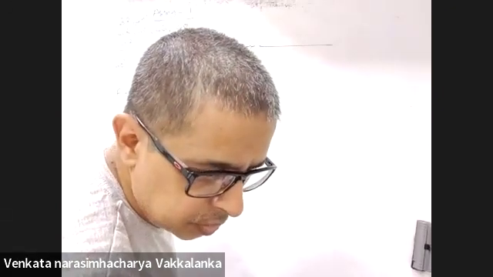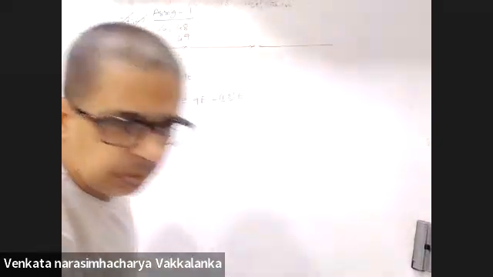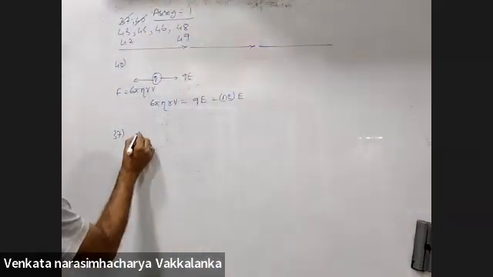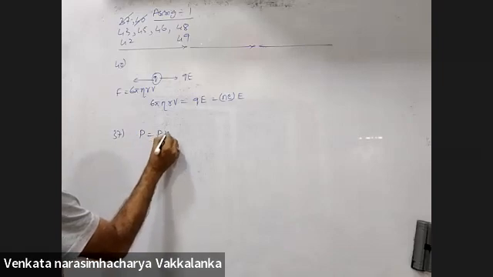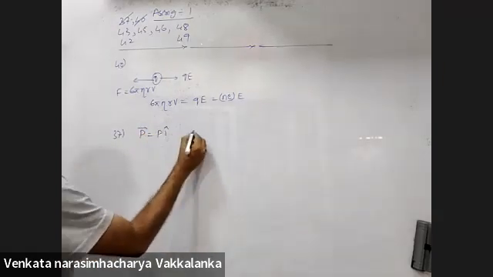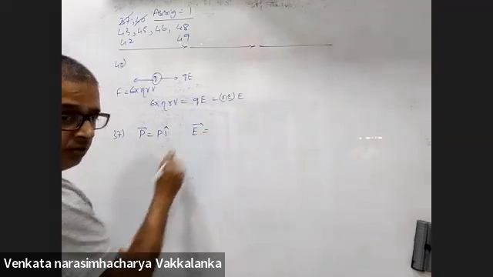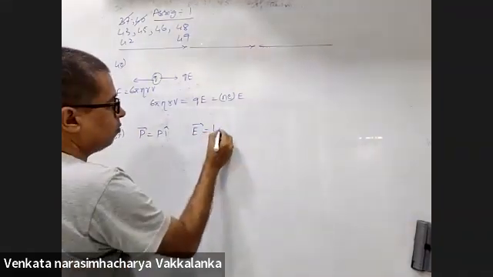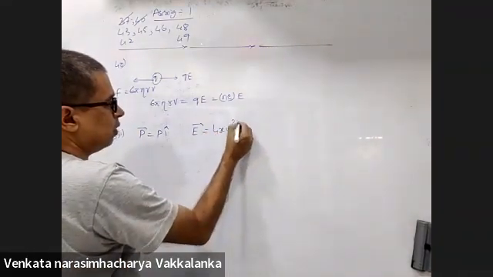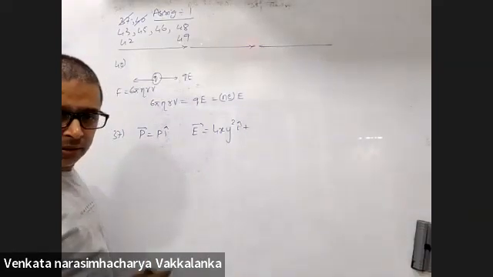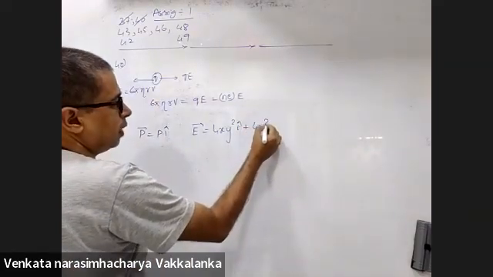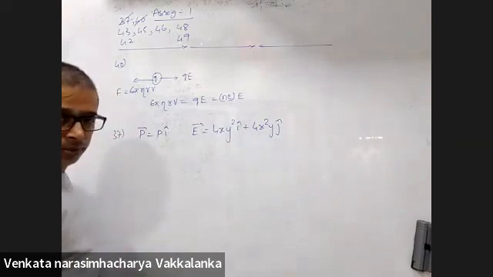37 somebody said, which I missed. 37. P is given as Pi cap. E is given as 4xy square i cap plus 4x square y j cap.